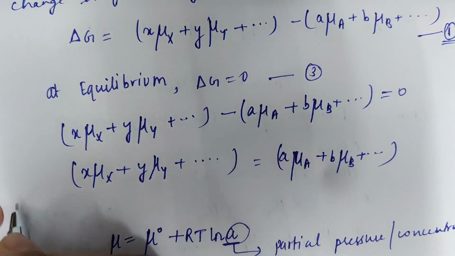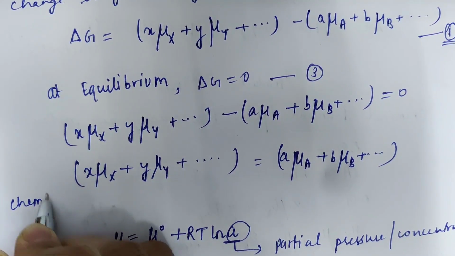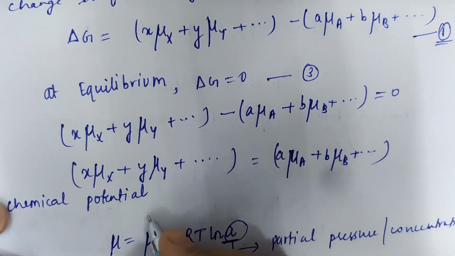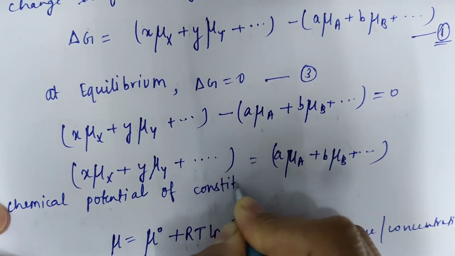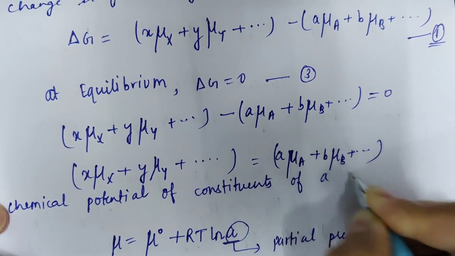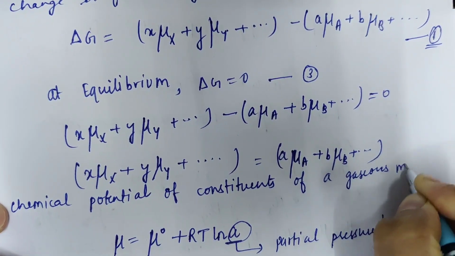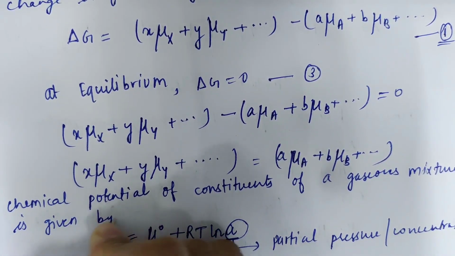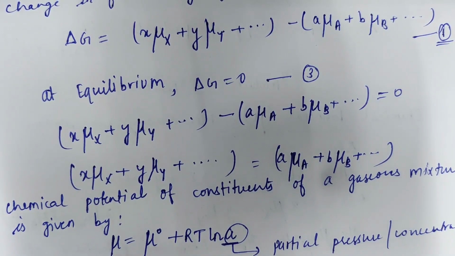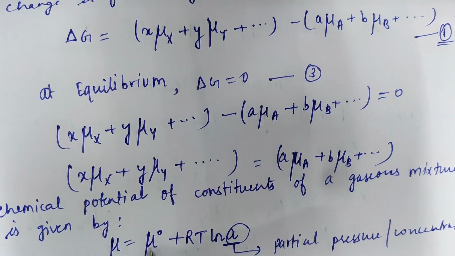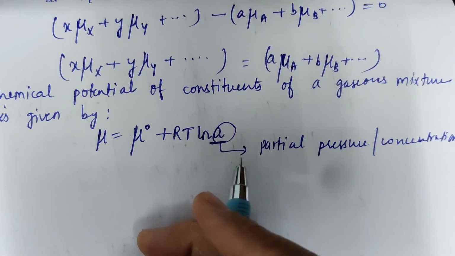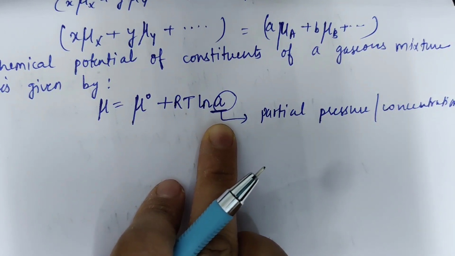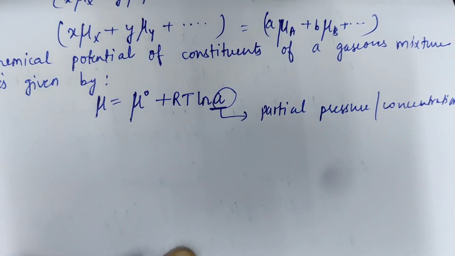So this is nothing but the chemical potential of constituents of a gaseous mixture is given by this. Here mu is your chemical potential, mu naught is your standard chemical potential, R is your real gas constant, T is temperature, and ln A is your activity, that can be your partial pressure or concentration.